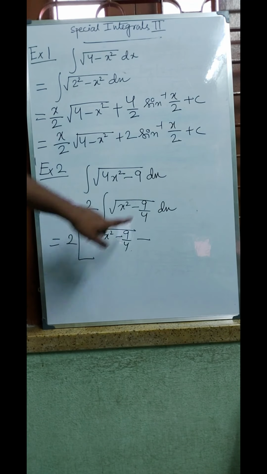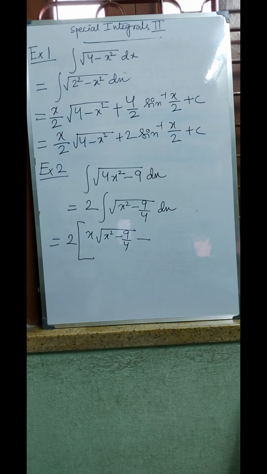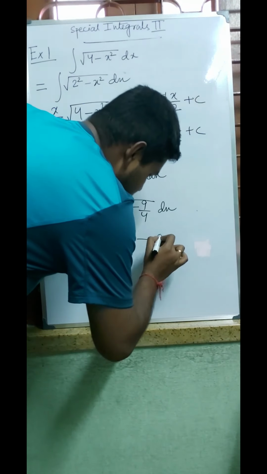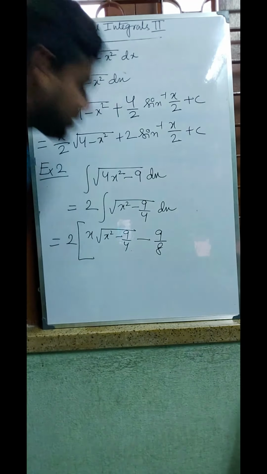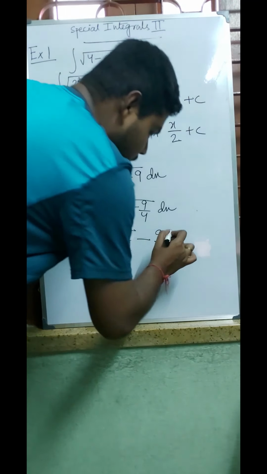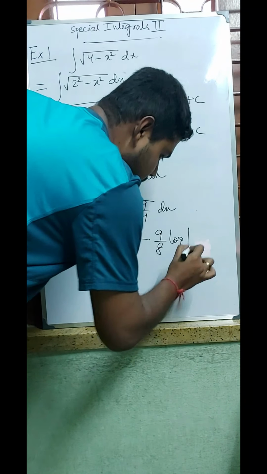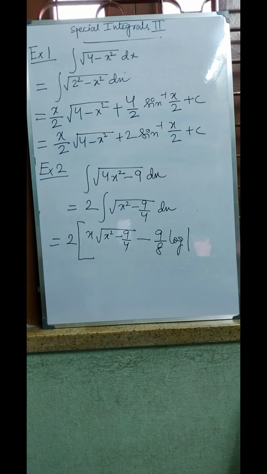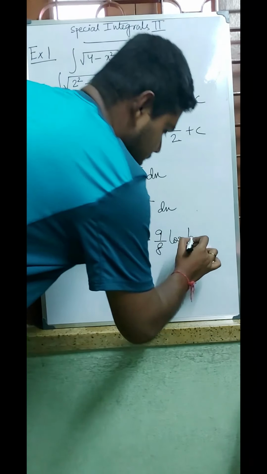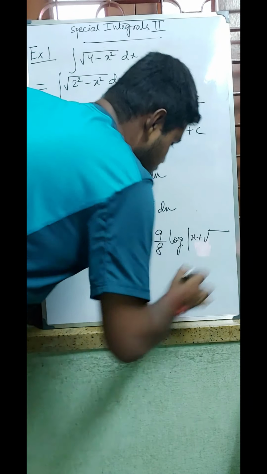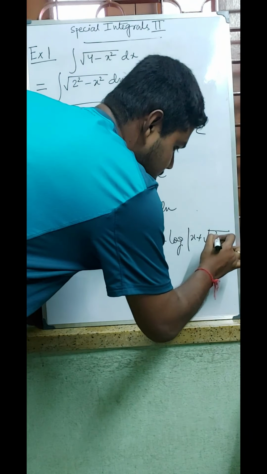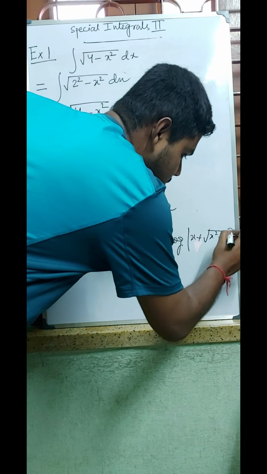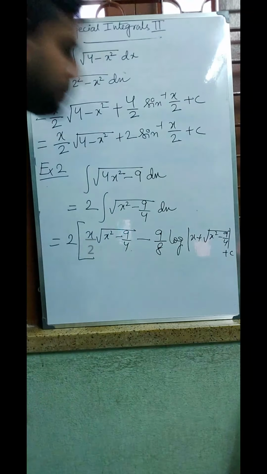Now a square is 9 by 4 itself, so by 2, that is 9 by 8, so 9 by 8 into log of mod of x plus root of x square minus 9 by 4 plus c.